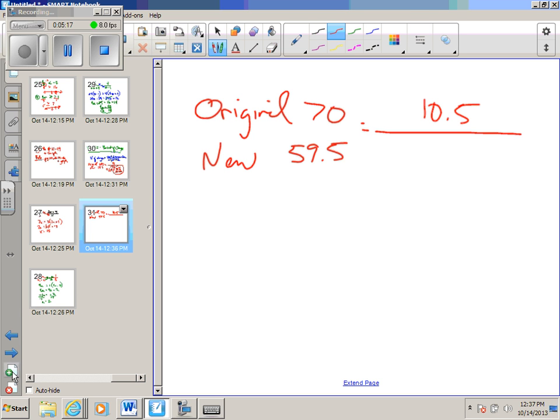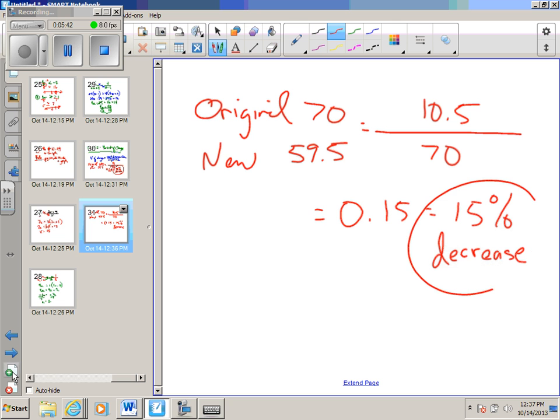Original amount over 70. And 0.15 equals what percent? And that's a 15%, 15% decrease.